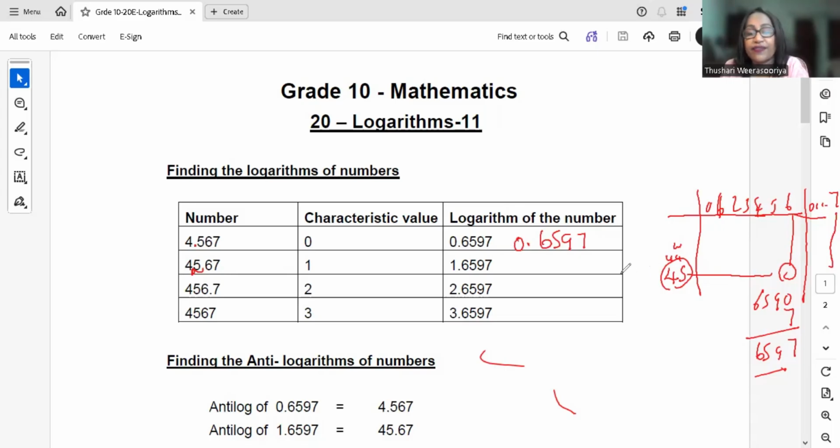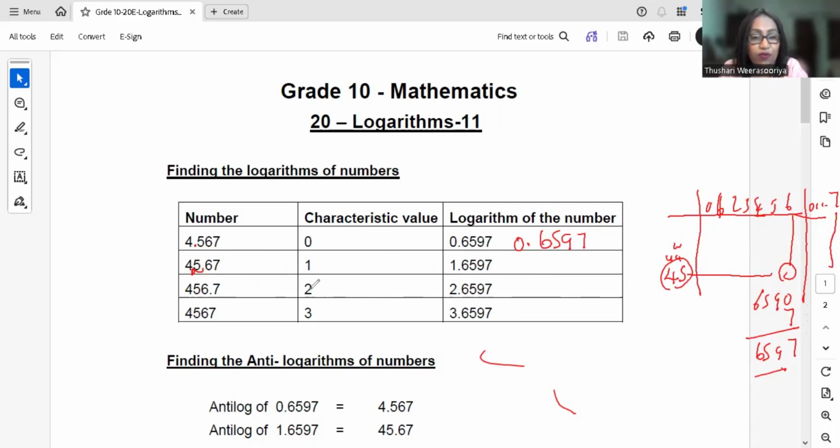The normal way, the same way, 45, 6, that is 6590. There you get 6597. Then the mean difference is 7. Then you add that. Since this is the same number, you get only a different characteristic value.